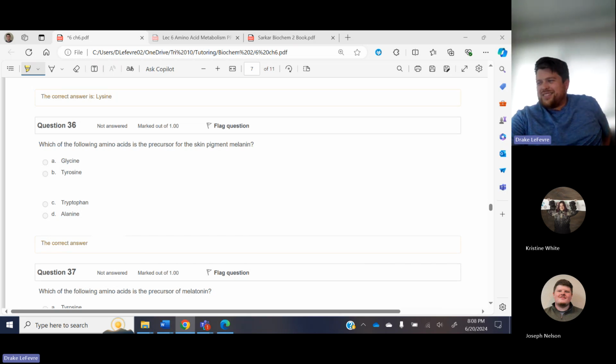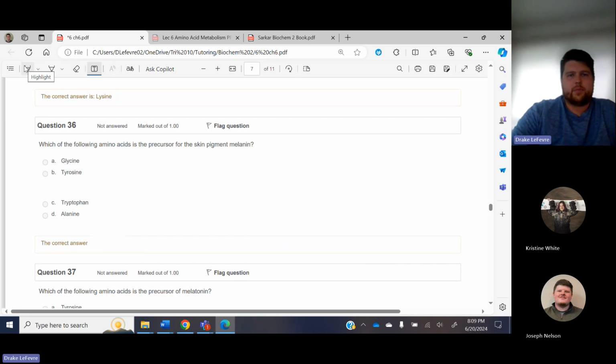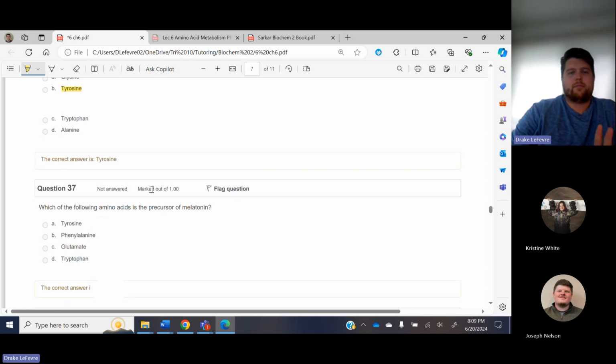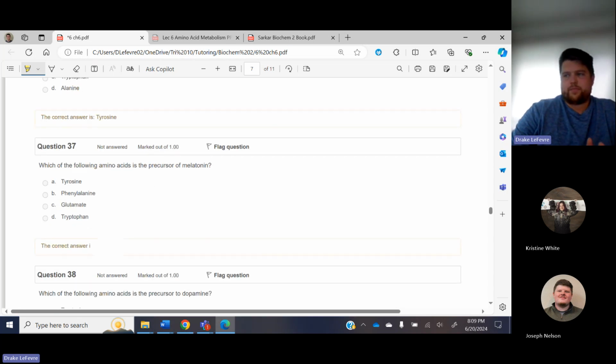I won't go down that road. That's a secondary, tertiary level question. He's not going to ask that. But skin pigment melanin is tyrosine. What I was going to say is there's the issue with the defective phenylalanine degradation, and there's a whole process, like the way that it's connected. You could get there, but it's going to be too much. It's easier to just make a nicer chart and memorize instead of doing it that other way.